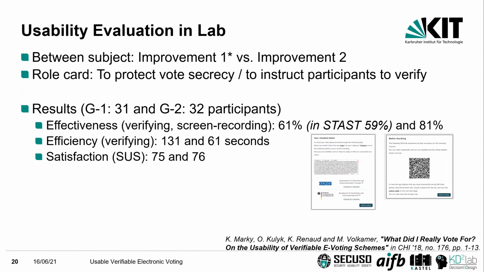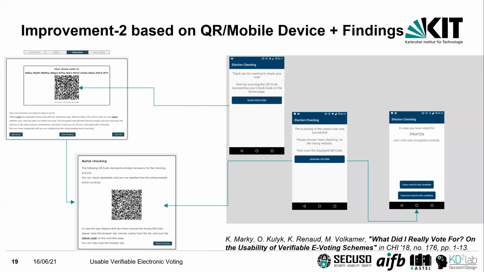So 20% more participants actually went through all the steps. Now you may wonder, why not 100%? And so I wanted to go back, first of all, to explain where they stopped.